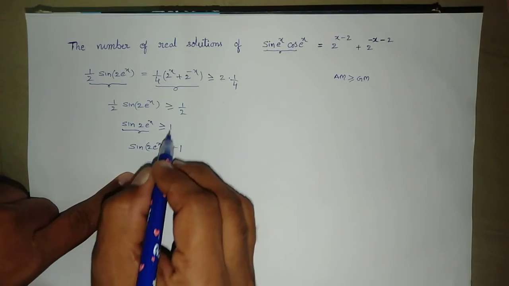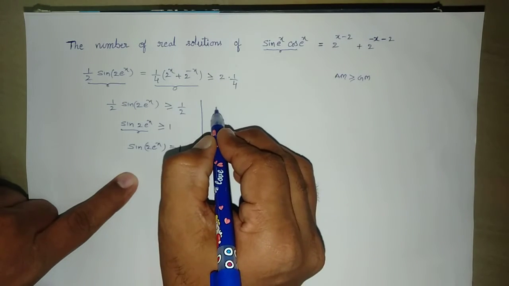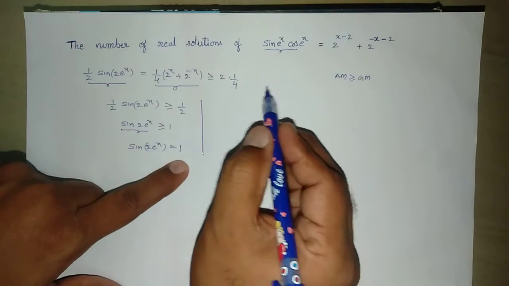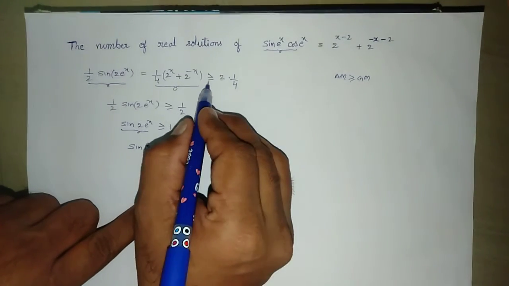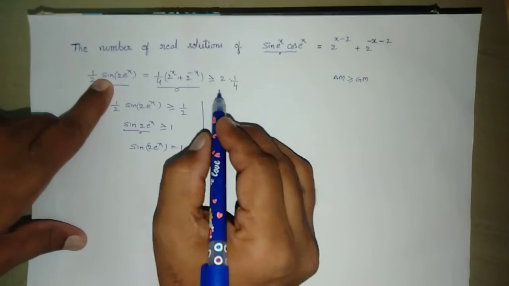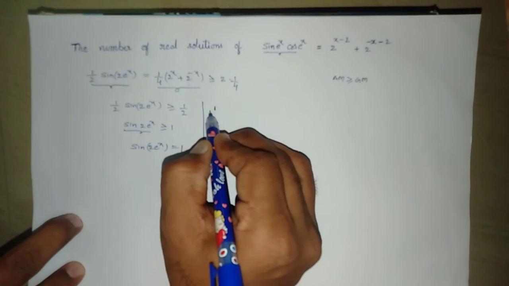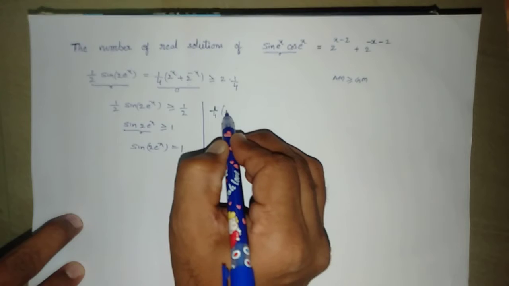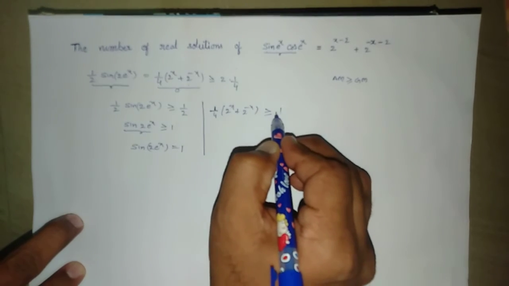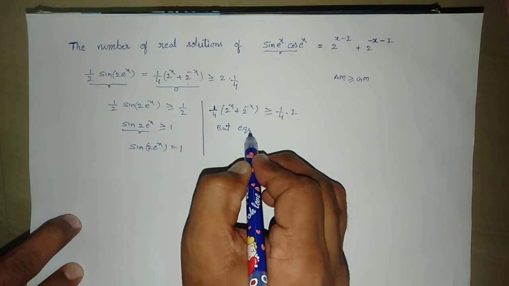So if you take the same thing for here, this is taking the equality 1 but not more than 1. So here we should take the equality between these two, because this is taking the equality here, therefore here also we should take the equality. So 1 by 4 into (2^x + 2^(-x)) greater than or equal to 1 by 4 into 2 we are having, but equality takes place at what value?